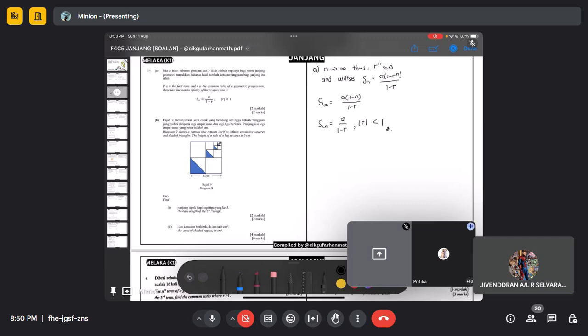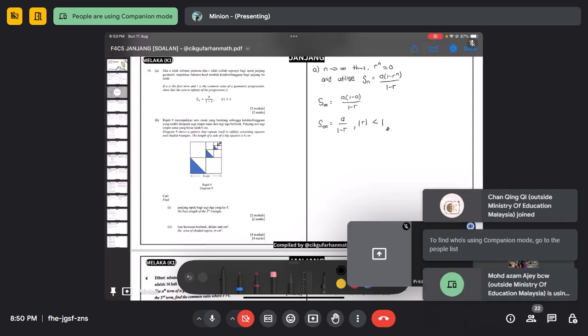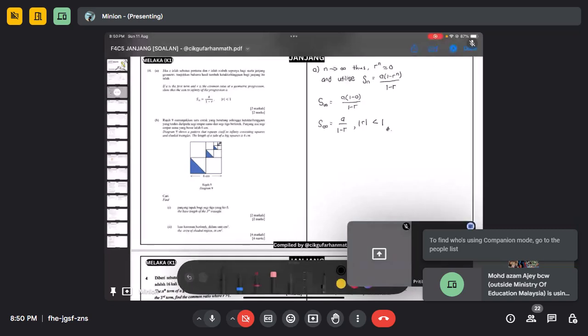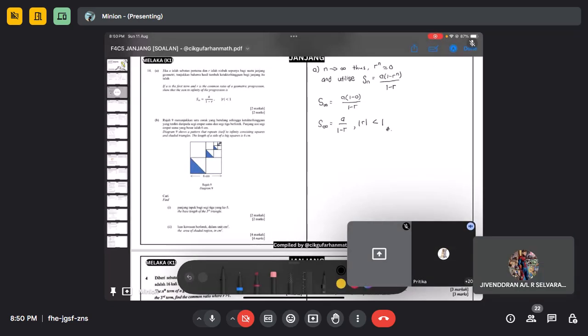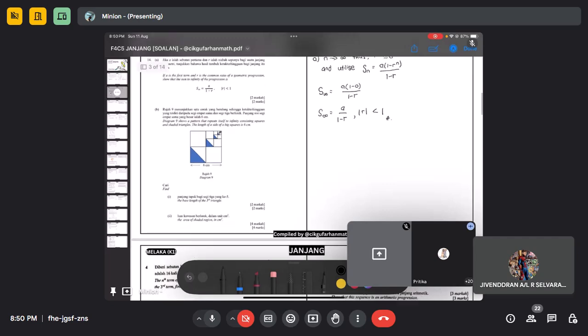Okay, so that's it for A. Okay, and continuing with B, diagram 9 shows a pattern that repeats itself to infinity consisting of squares and shaded triangles. The length of a side of the biggest square is 6 m. We'll find the base length of the fifth triangle, and find the area of the shaded region also.